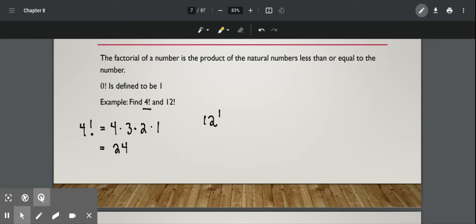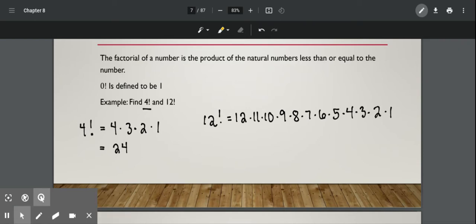And 12 factorial would be 12 times 11 times 10 times 9 times 8 times 7 times 6 times 5, 4 times 3 times 2 times 1.